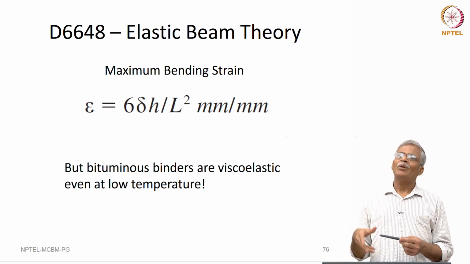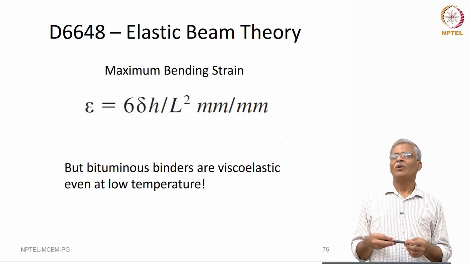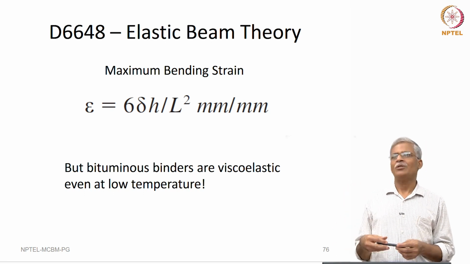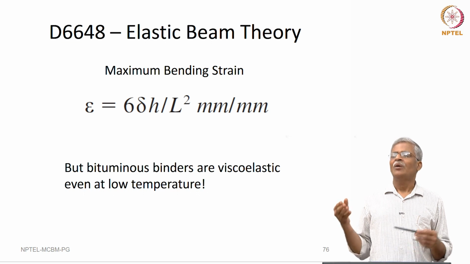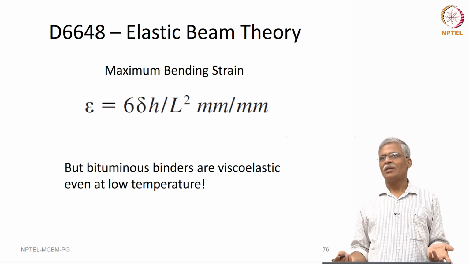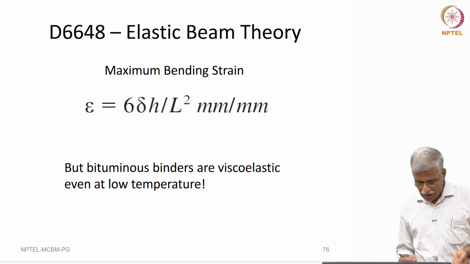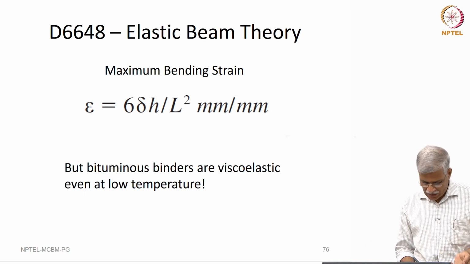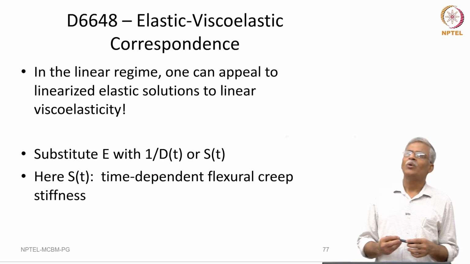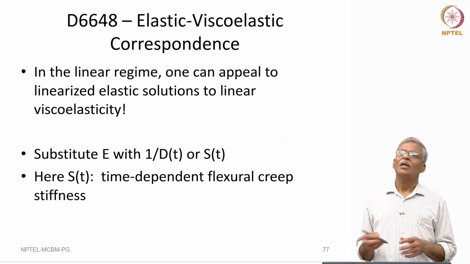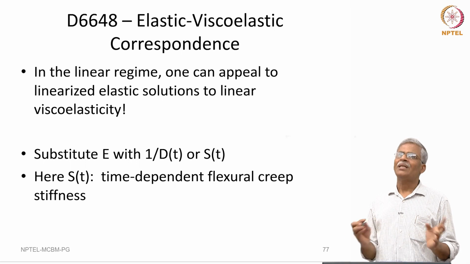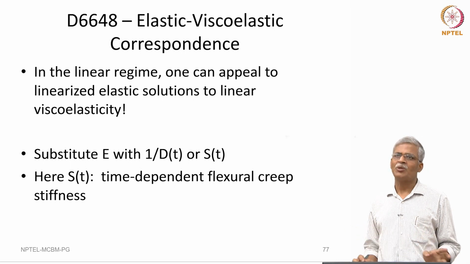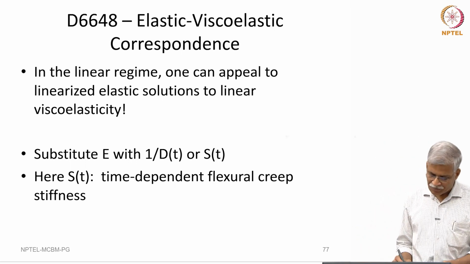But if we have to use it, we also need to be aware of the fact that even at minus 20 degrees centigrade, where we are going to test, the material can behave like a viscoelastic material. So, when we write all these things as part of the elasticity theory, how are we going to do it? Here comes a very useful and important principle that is well explained in any textbook on viscoelasticity.